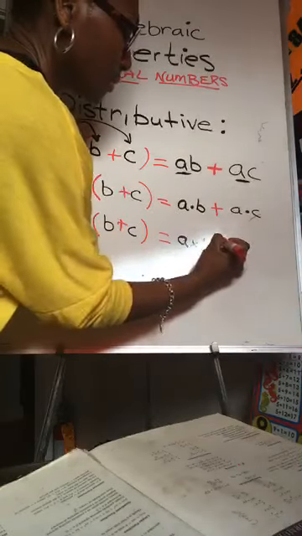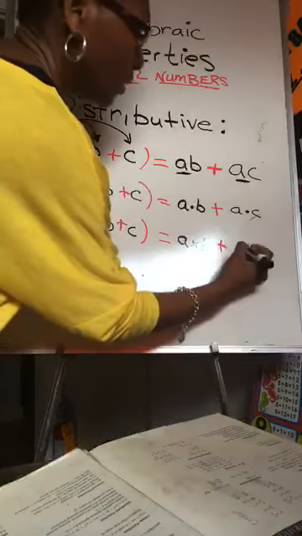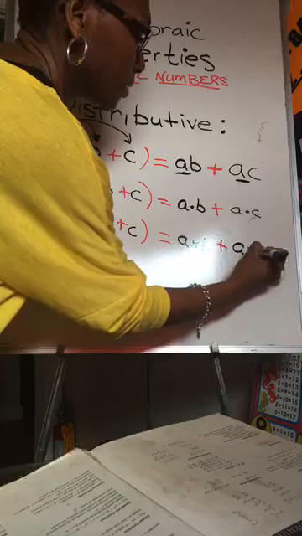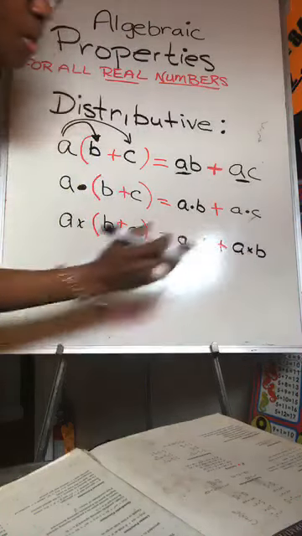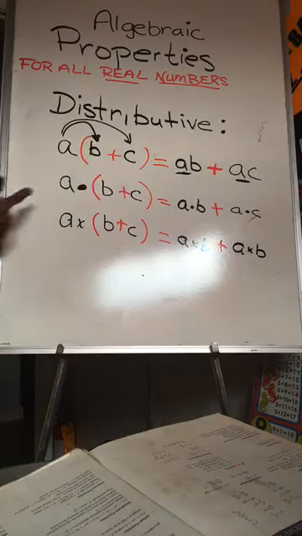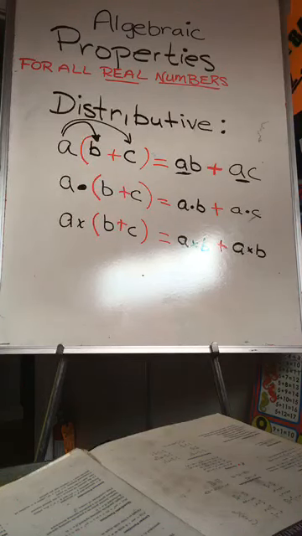Plus A times C. Kind of wrote that X smaller so you can see the difference. But all 3 of these are representing the same concept. This is the famous distributive property that I have been using since I've started my problem solve sessions live. All righty?